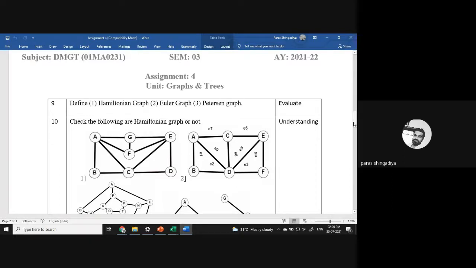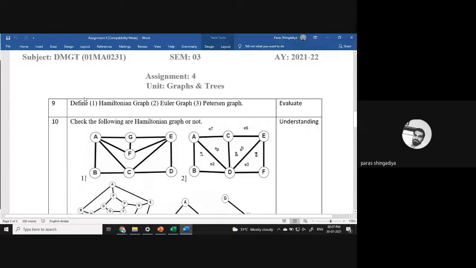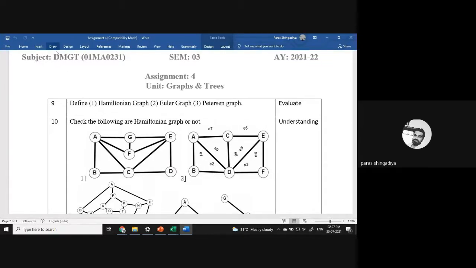Question number 9. What is that? Define the Hamiltonian graph, Euler graph, and Peterson graph. In the Hamiltonian and Euler graph, we have its definition.